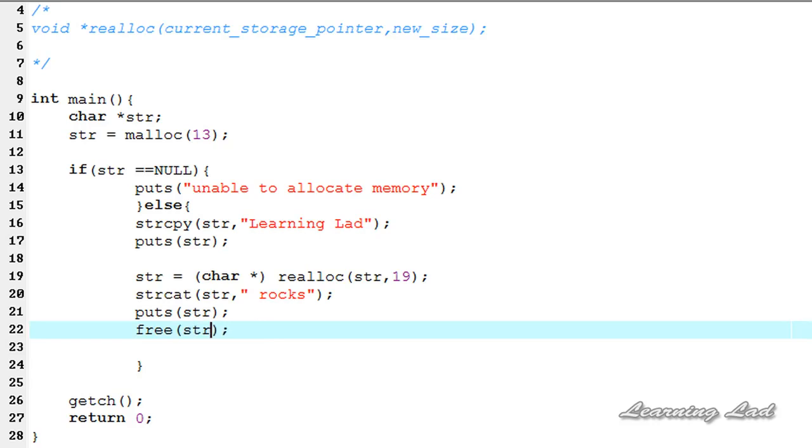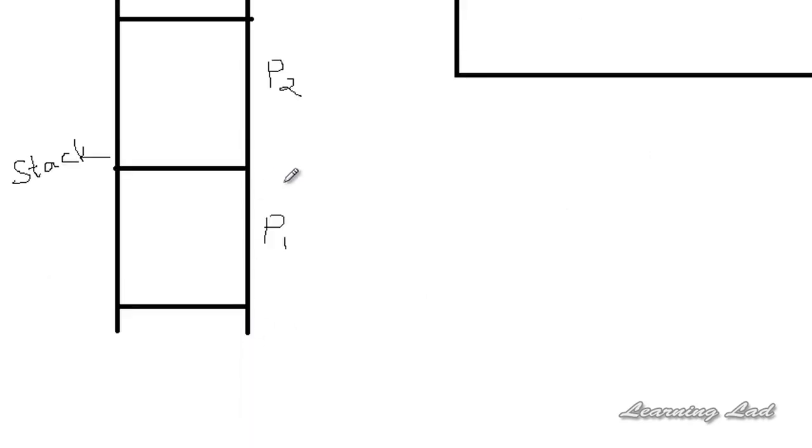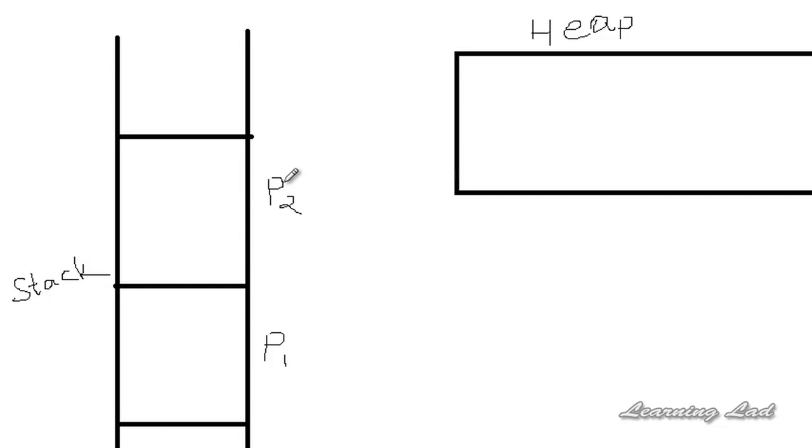Okay, now before running this program, let me see whether I can draw this. Let's assume that this is the stack space provided by the operating system for the programs to store their local values, and this is the heap, and program 1 and program 2 are the currently running programs.